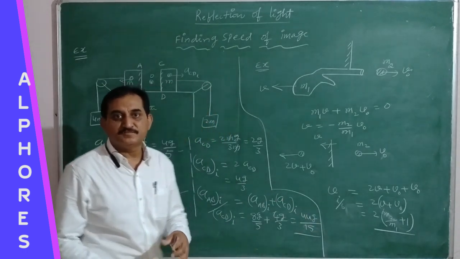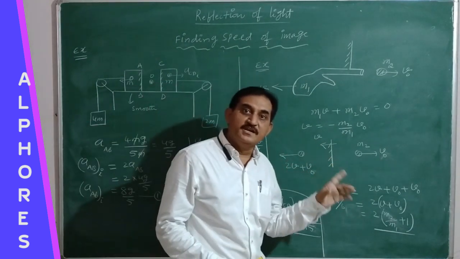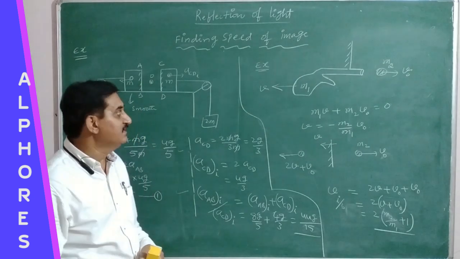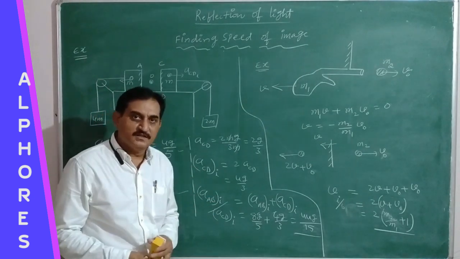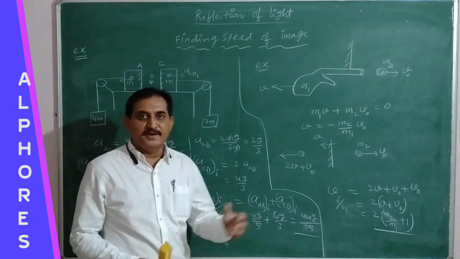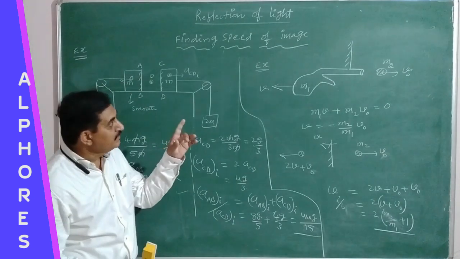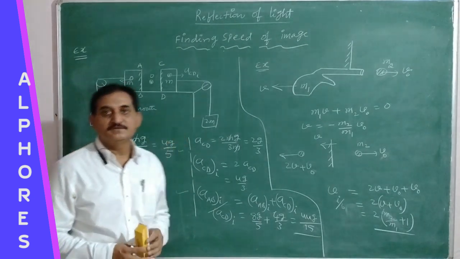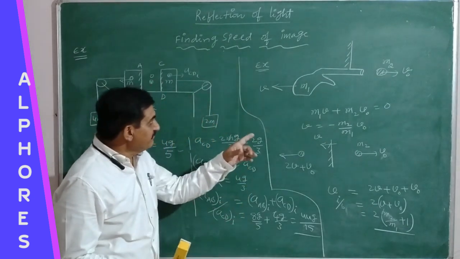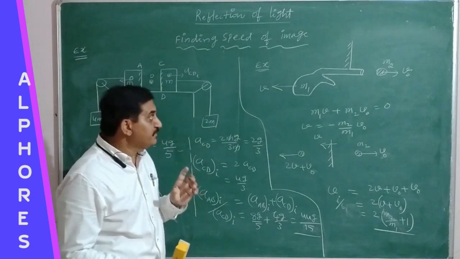What will be the speed of the image of the bullet formed in the plane mirror with respect to the gun or with respect to the bullet? So we have to find, once again I repeat the statement and the question. Whenever the gun is fired, the bullet is coming out of the barrel with a certain speed v0, and the mirror's reflecting surface is towards the bullet, fitted to the gun, and whenever the bullet is coming out of it, the gun recoils with a certain speed.